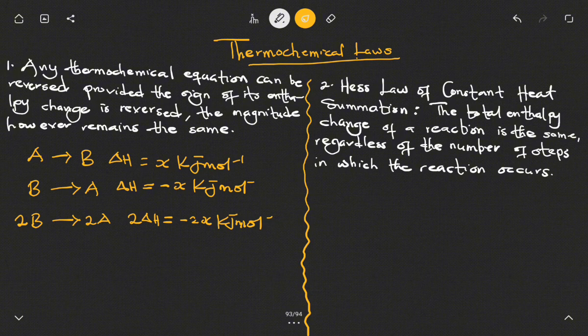So we may want to carry out a reaction and we don't know how much heat or the enthalpy change that is involved. Now this suggests that we can find other reactions and identify their enthalpy changes, and we will be able to utilize that to determine how much heat is going to be involved in what we are going to carry out.